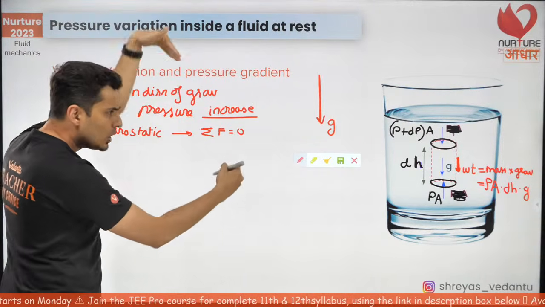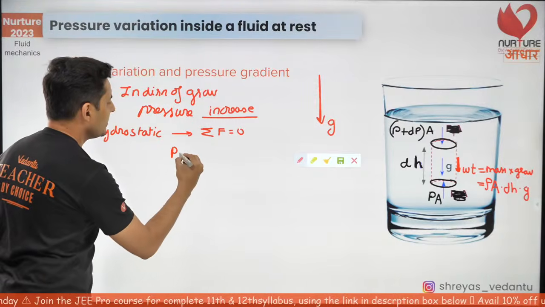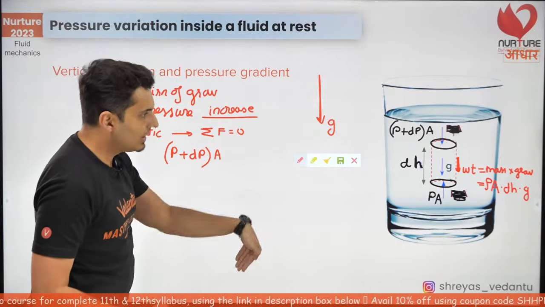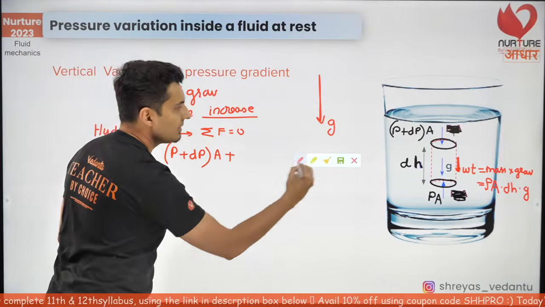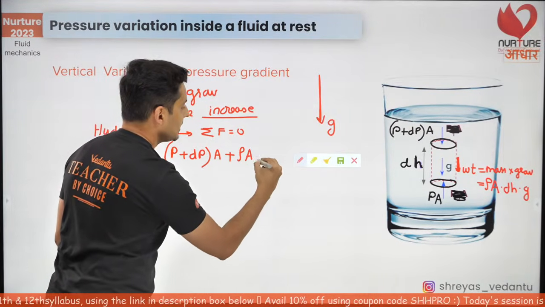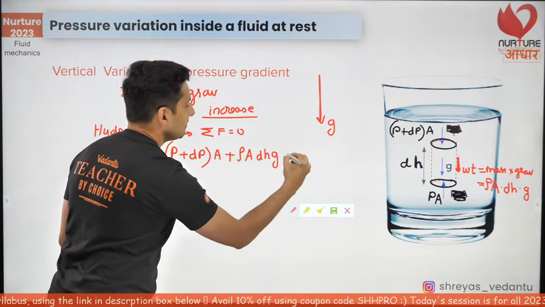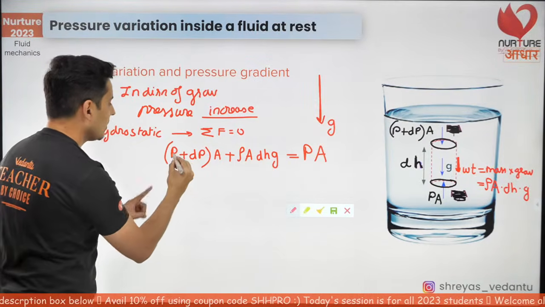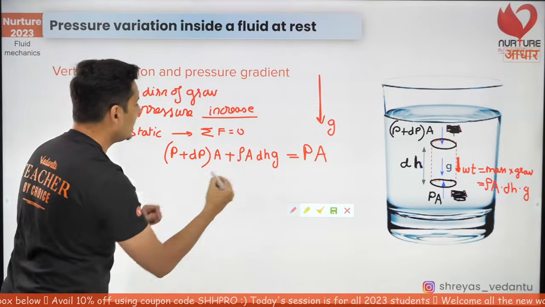Net force will be 0. So the forces from the top will be P plus dP into A, plus the weight. What is the weight? It is rho A dH into g, and this will be equal to the force from the bottom, which is PA. Now, can you see P into A and P into A will get cancelled?